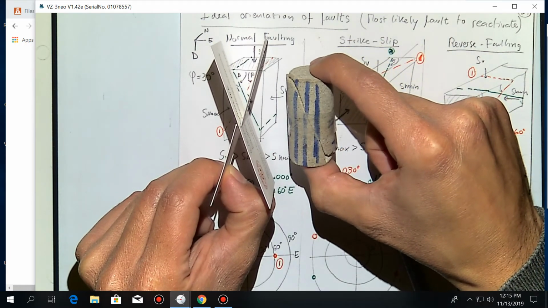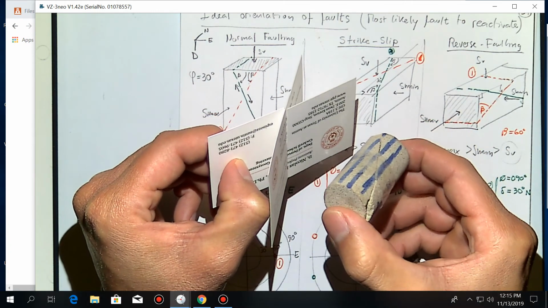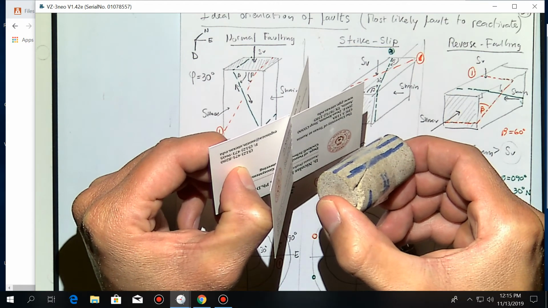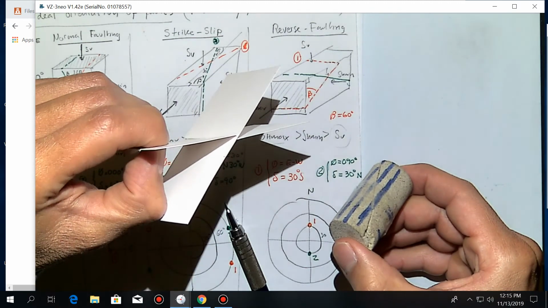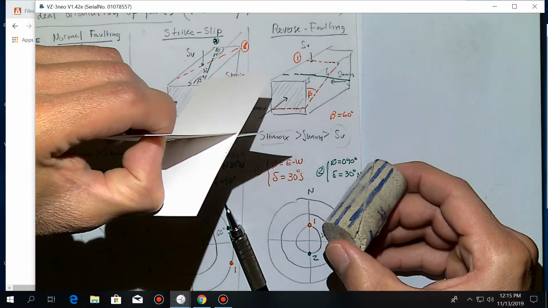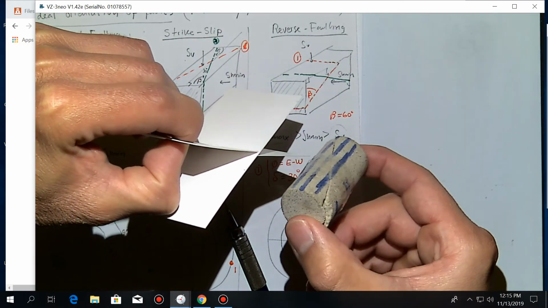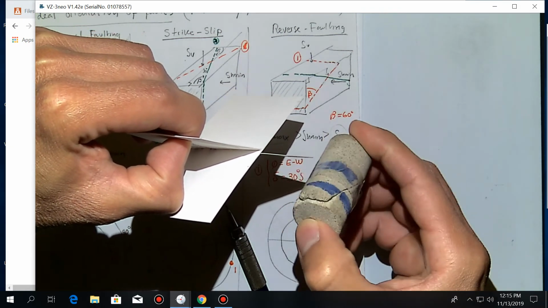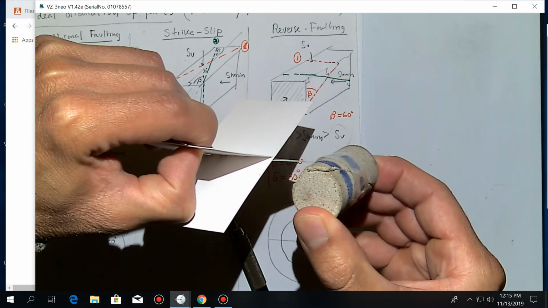Normally it's like this. Strike slip would be like that, loading from the side, and reverse would be something like, let me find the orientation, there, also loading from the side, but now with the minimum principal stress in vertical direction.